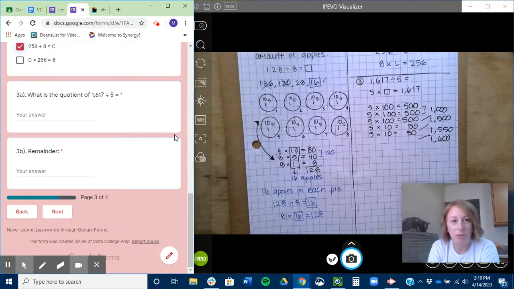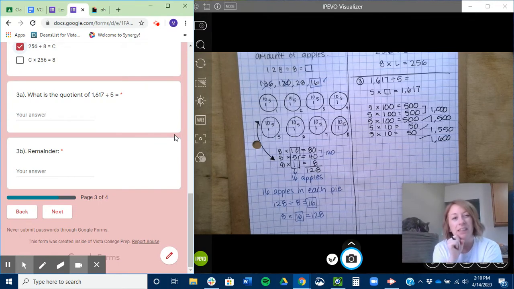How much more do we have left to go? That's right, 17. Is 17 a multiple of 5? No. And that is why we're going to have leftovers. So we need to get as close to 17 when we count by fives as much as we can. Well, we know that 15 is a multiple of 5, and that's pretty close to 17.